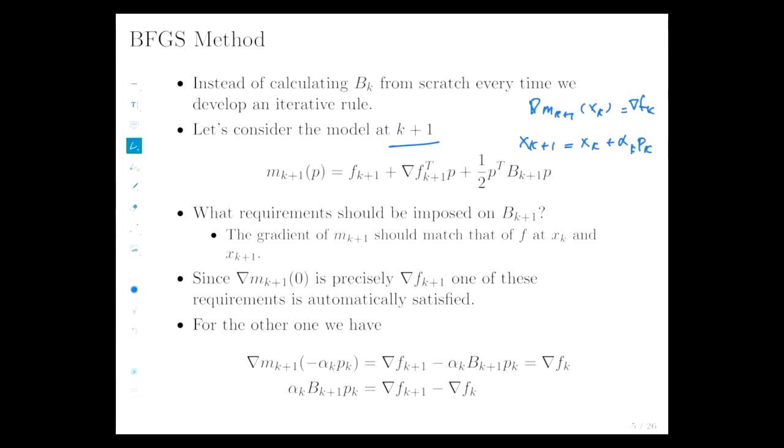I know when p is equal to 0, we get xk plus 1. What value of p should I plug in there to go back to point xk? I have to move back by this much, right? So I plug it in here. Moving back is moving in the other direction, negative of the step.